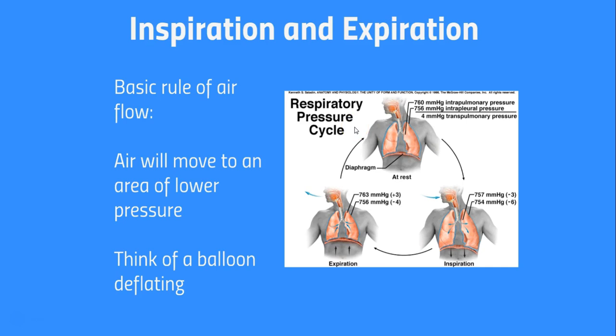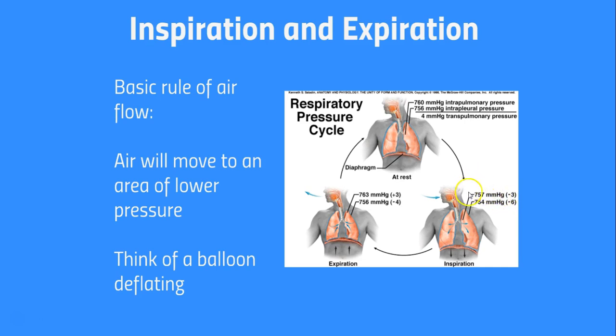So the question is, how do we get air to come in when we want to take a breath in? The answer is we need to decrease the pressure inside our lungs to lower than the outside atmospheric pressure. In our inspiration picture here, you'll see that the intrapulmonary pressure is now 757, so it's less than the 760 outside by a count of -3.